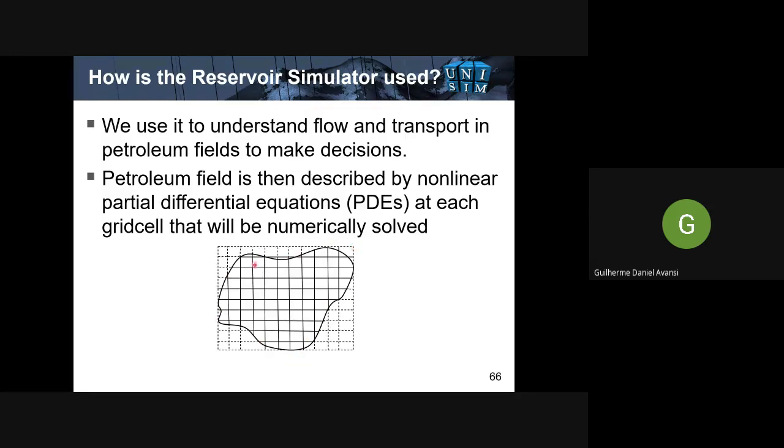We build this grid, because we need to build an equation for each grid cell. We call it just a normal equation. With this equation, we need to link all the different equations that we have, and I will explain later how we will make this link.